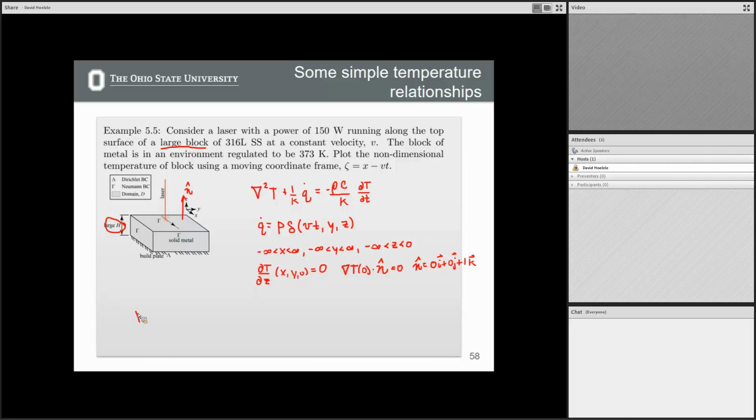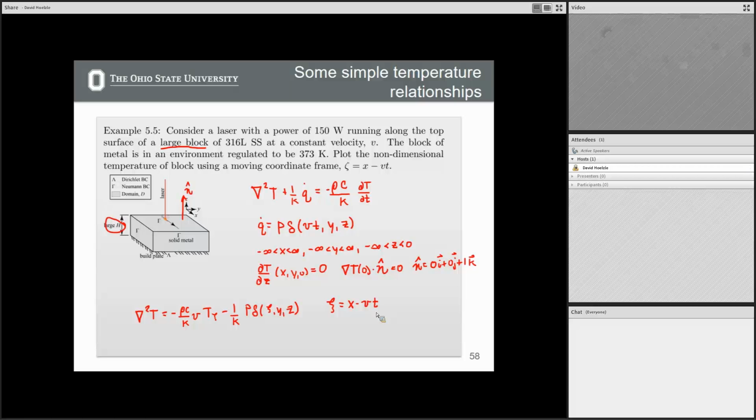But we got this new PDE once we make this change in coordinates, zeta equal to x minus vt. Then the boundary conditions and domain follow pretty simply here.